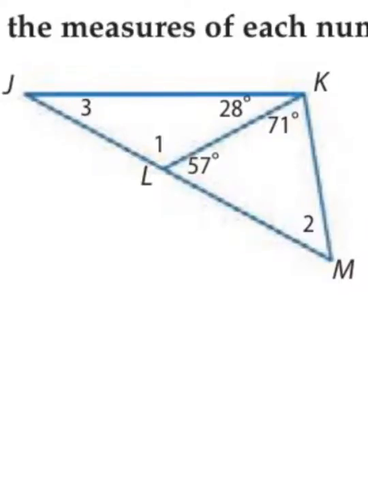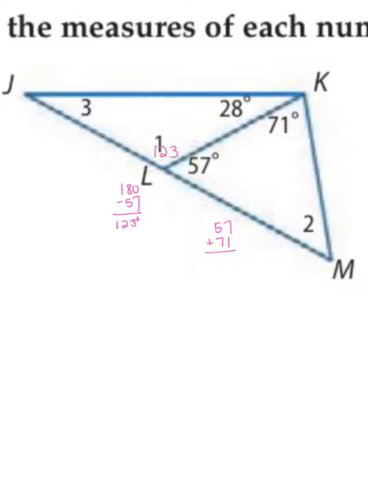All right. We started looking at some measures today. Remember what we did? We can find angle 1 because it is a linear pair with the 57. So if I take 180 and subtract 57, I see that the measure of angle 1 is going to be 123 degrees. Angle 2 is the third angle of a triangle. So I'm going to add 57 and 71.